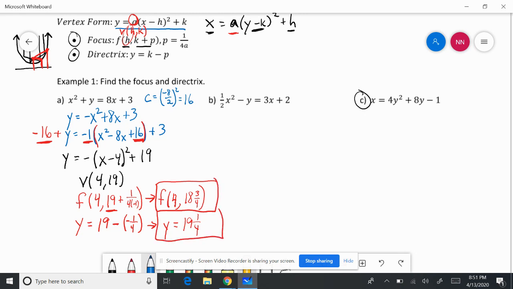Now, looking at our second one, we're going to get the y by itself. So I'm going to subtract the 1/2 x squared. Then I'm going to divide it by negative 1.